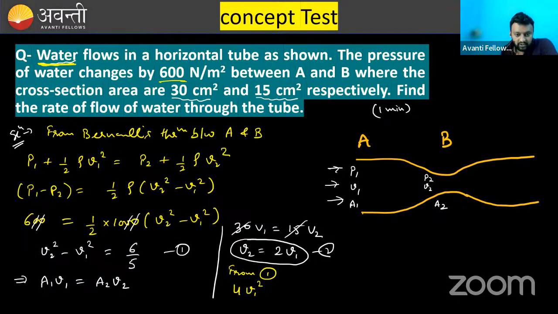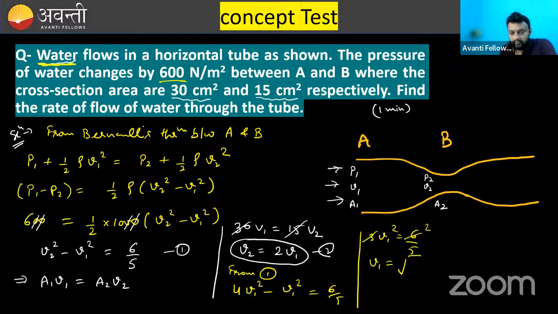I am skipping a few steps here. 4V1 square minus V1 square is equal to 6 by 5. So 3V1 square is equal to 6 by 5. So V1 is root of 2 by 5 meter per second. This is the velocity at the end A.